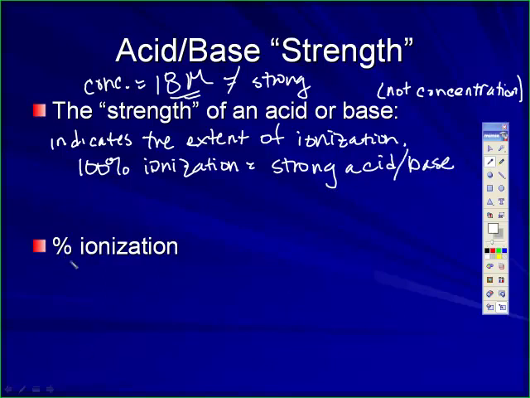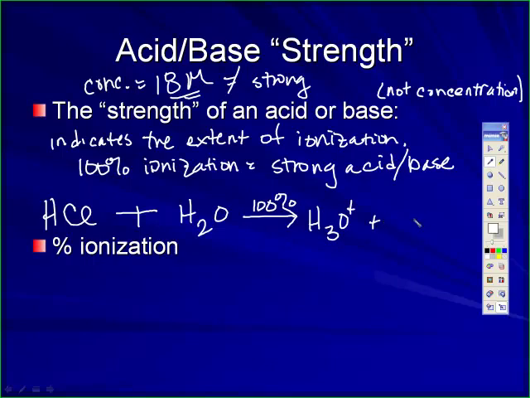In other words, if you dump something into water, like hydrochloric acid, which we know is a strong acid, and it goes 100% all the way to completion, no equilibrium, becomes H3O+ and Cl-, then you know you have a strong acid.